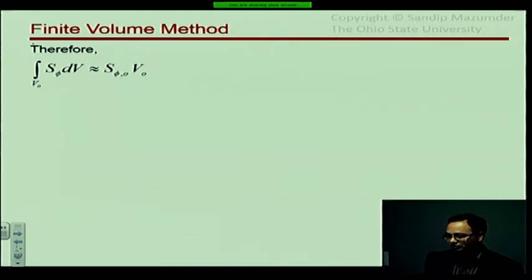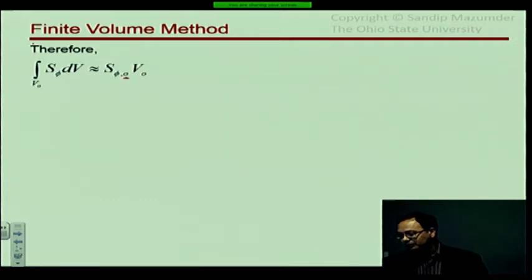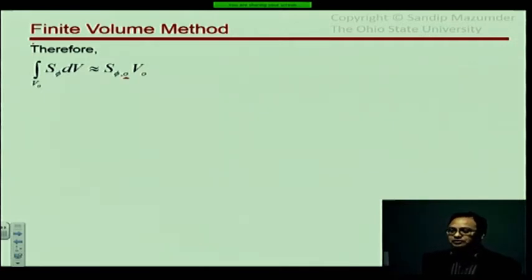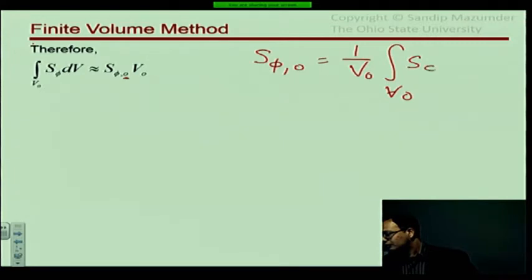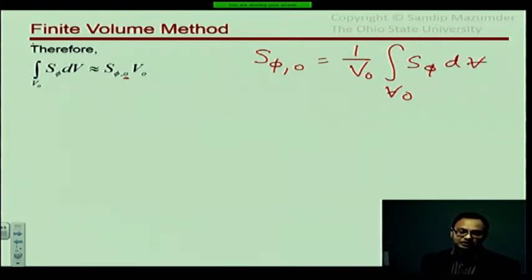So this indicates that this is S phi evaluated at the cell center times the volume of that cell. Because the definition of a volume average is that, the definition of volume average of any quantity. So that's what we are essentially using here.